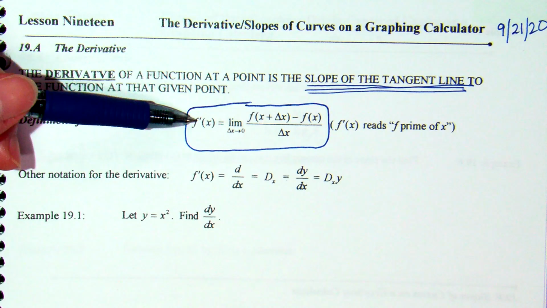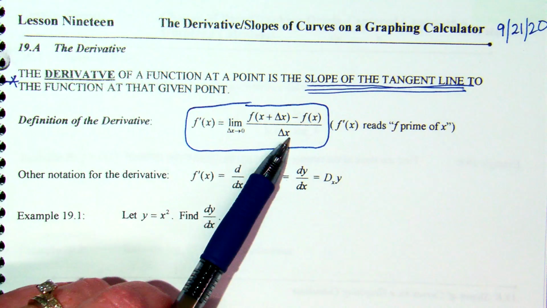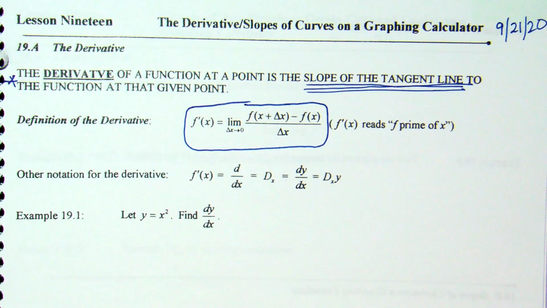We read it f prime, and so f prime of x, or the derivative of f of x, is equal to the limit as delta x approaches 0 of f of x plus delta x minus f of x, over delta x. The same thing could be done using h's. You've seen some of both in homework already, delta x's and h's in this format.